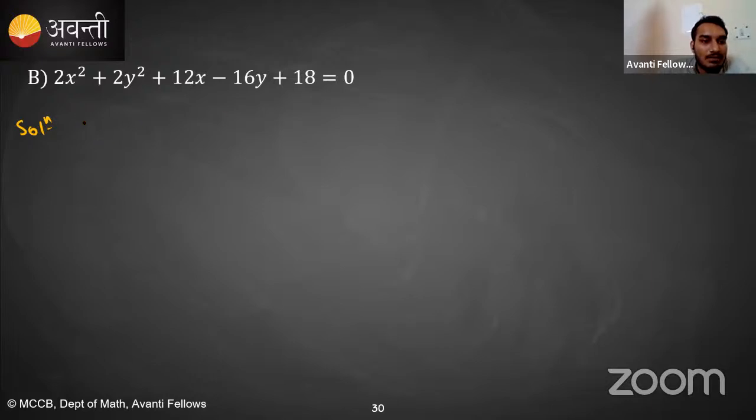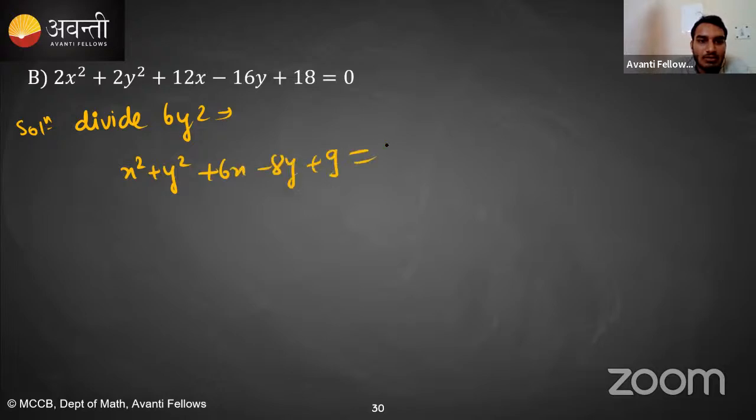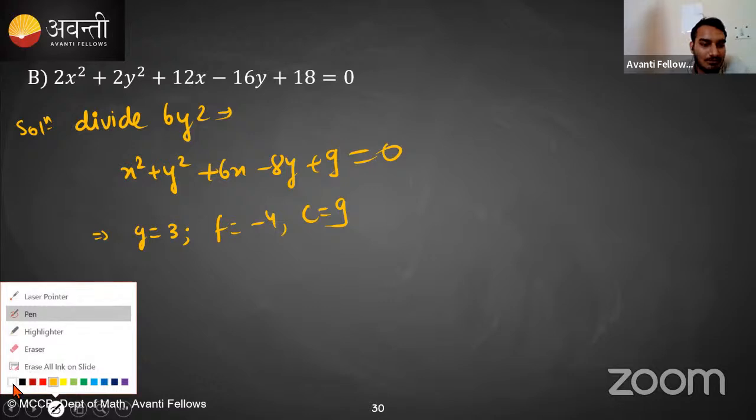So divide by 2. What you will get is x square plus y square plus 6x minus 8y plus 9 is equal to 0. From here, g is 3, f is minus 4, c is 9.